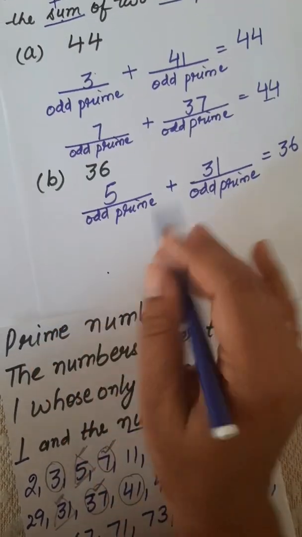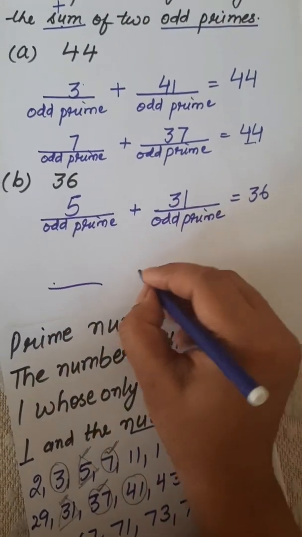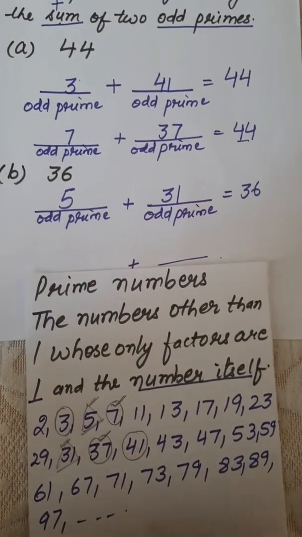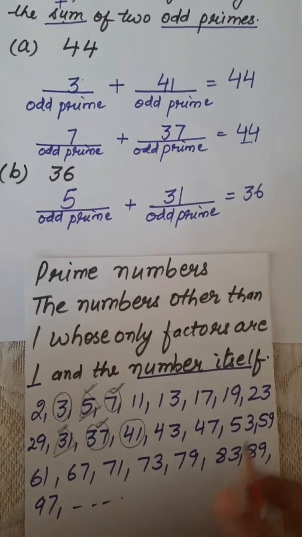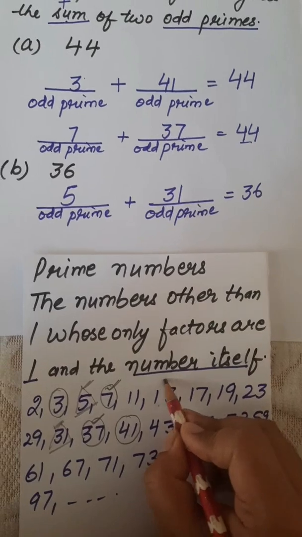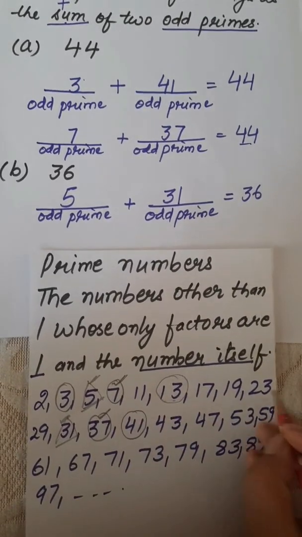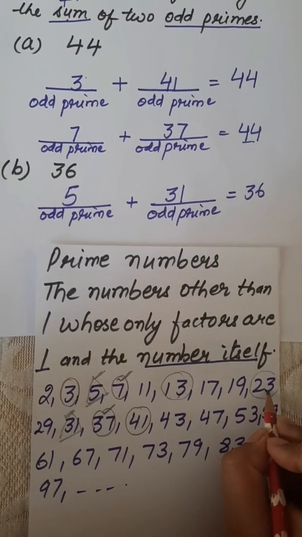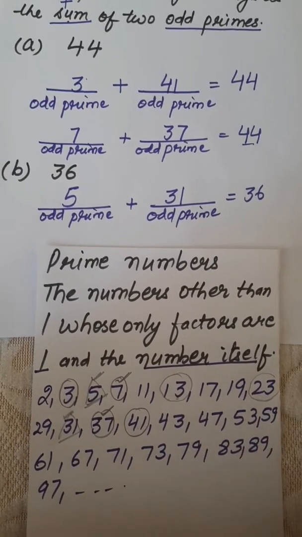Let's find another pair. So we have 13 added with 23. 3 plus 3 is 6, 1 plus 2 is 3.